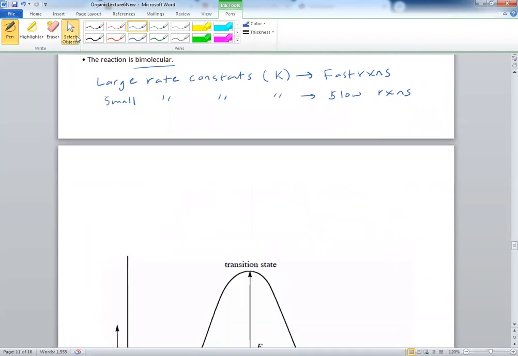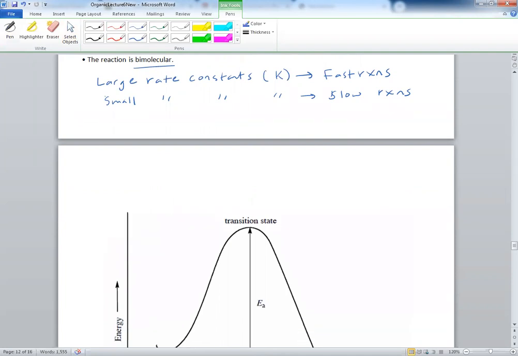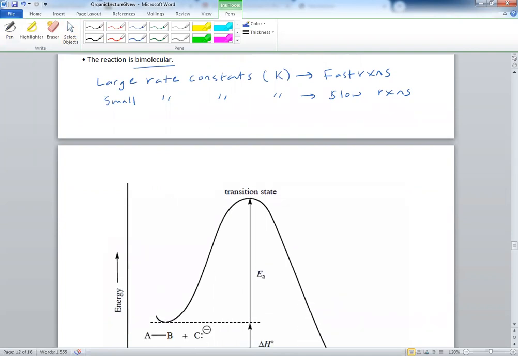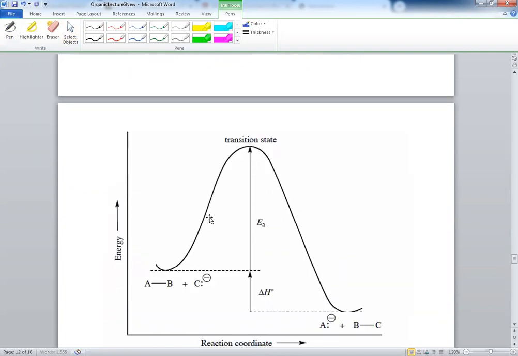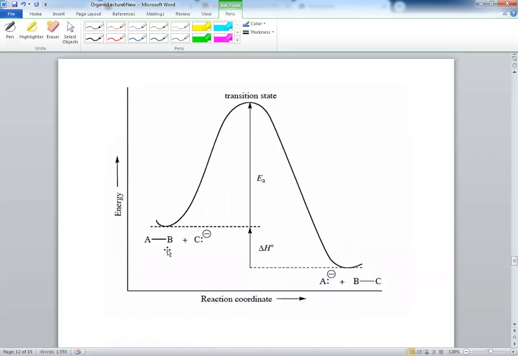So let's show you what happens here. Here's your reaction. Began with AB and C⁻. The reaction took place.